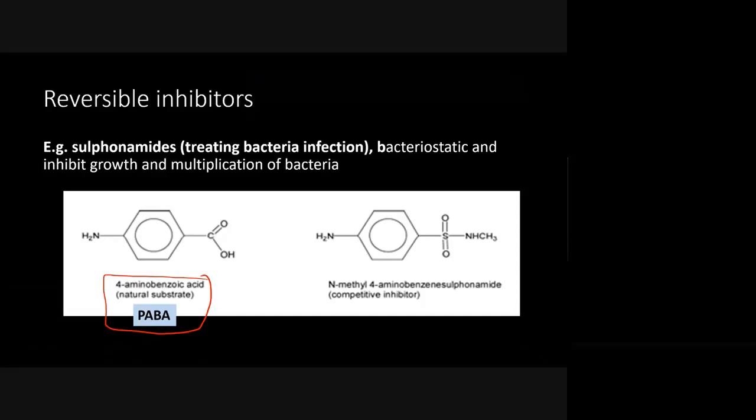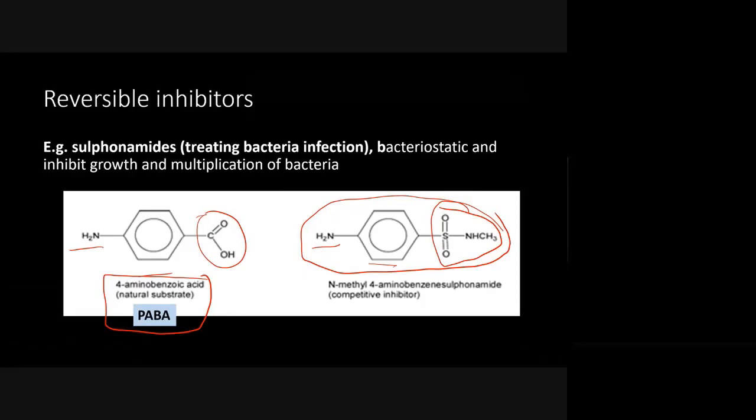But if you consume this particular drug, the sulfonamide, if you see the molecule looks very similar: NH2, NH2, benzene ring. The difference is that this is CO2H, this is SO2NHCH3, but both of them are polar, and both contain C double bond O and S double bond O, very similar.